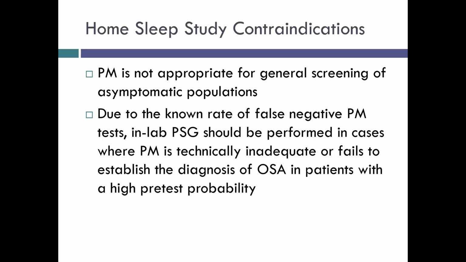So it's not like a general net we're going to throw out. It's only for patients that come in showing symptoms of OSA, who clinically look like they in all likelihood have OSA. The problem with these tests is that you can get a lot of false negatives. It does not monitor sleep. When you look at the mathematical way that we calculate RDI, we take their total sleep time.